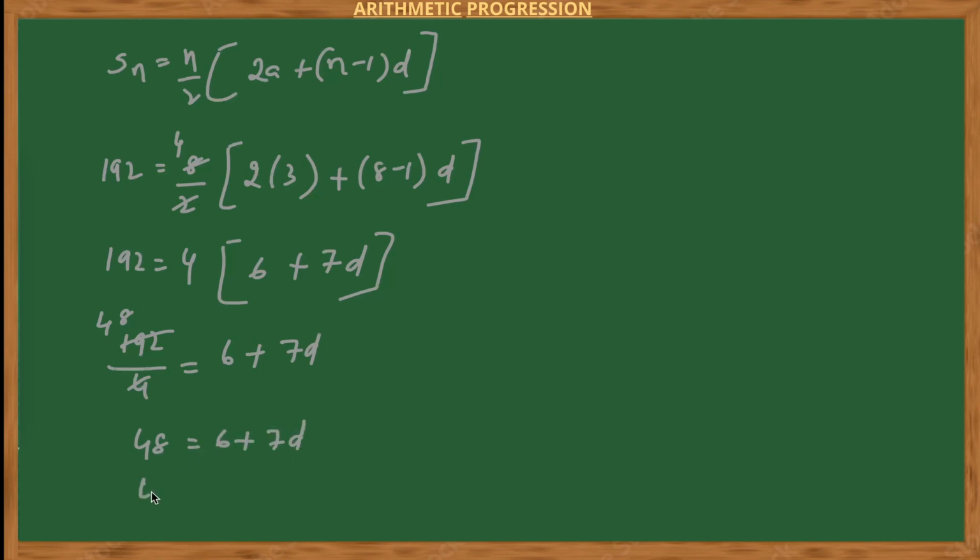So 48 minus 6 is equal to 7D. So it becomes 42 is equal to 7D.